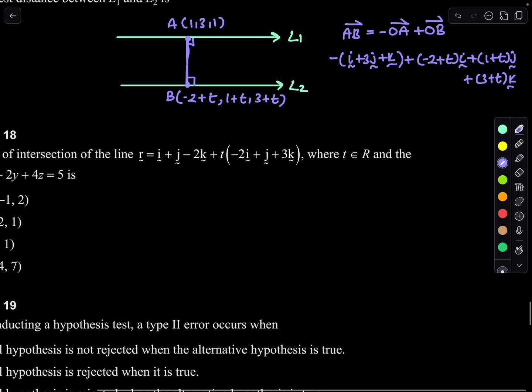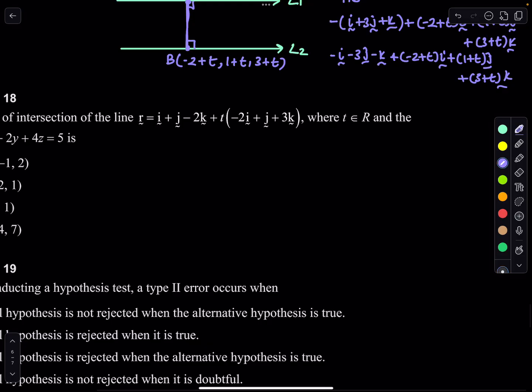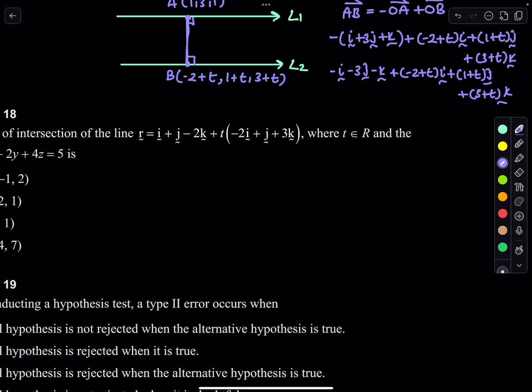Okay, now just expanding that. We know the i components all add up anyway, so let's write that nicely. Damn, why am I making my life so hard? Generally, that'll be -3 plus t for the i.